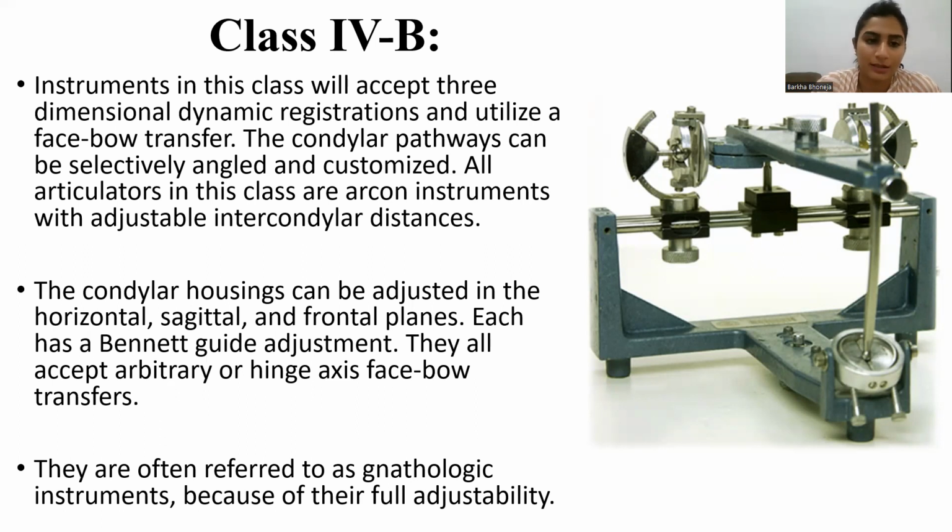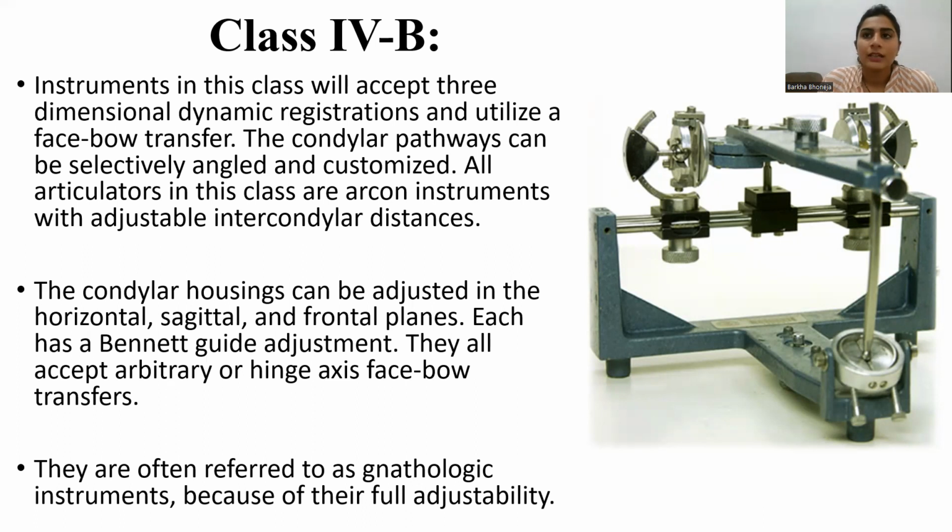They all accept arbitrary or hinge axis face bow transfers. So the hinge axis face bow transfer is the kinematic face bow that I was talking about, and there is another type of face bow which is called an arbitrary face bow. So both these articulators accept both kinds of face bow transfers, and they are often referred to as gnathological instruments.